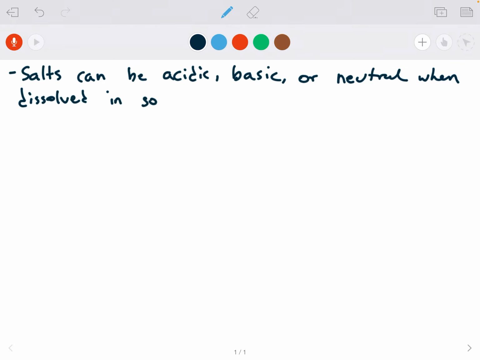So the solutions that they form when they dissolve can be either acidic, basic, or neutral. And that's going to depend on what your anion is, what your cation is, and then what the relative strength of those are. So I'm going to start with the cations first.